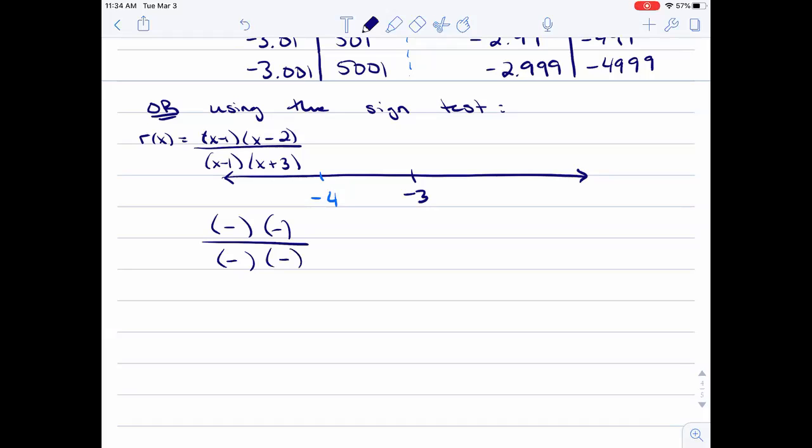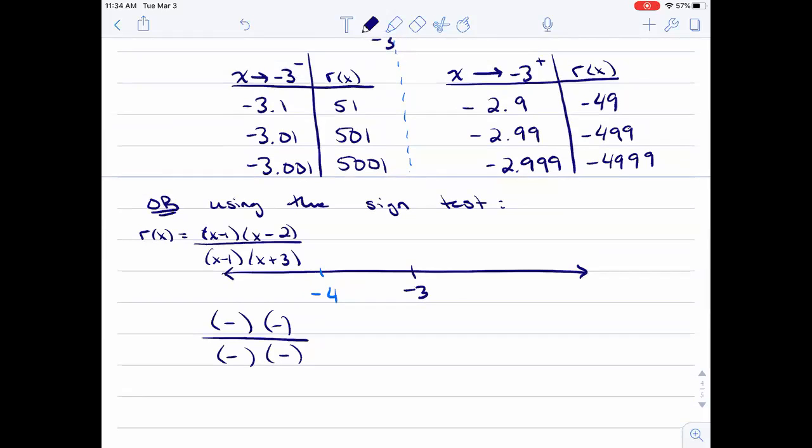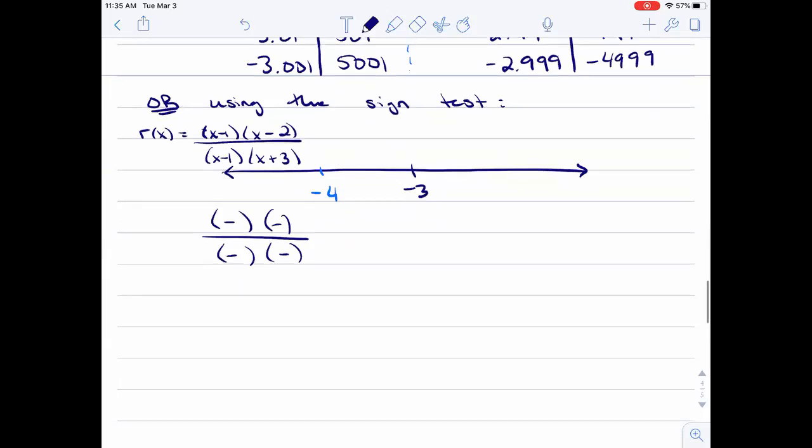Which means a negative times a negative is a positive over a positive, making a positive value, which is what we said here. We're going towards positive infinity, so it's going to go up this way.